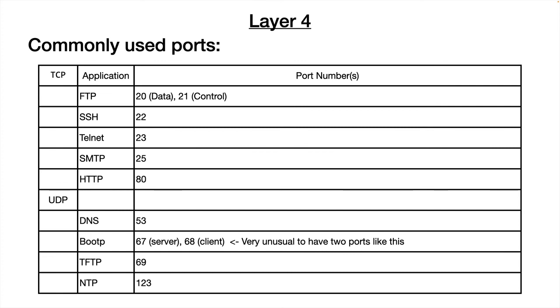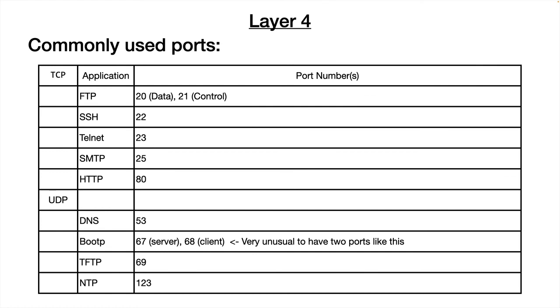FTP uses 2 ports. Port 21 is the initial establishment of the connection and the authentication if you need to log in. And once you start a file transfer, that happens on port 20. And then down here at the bottom, BootP, which is probably one of the oldest protocols we'll study.